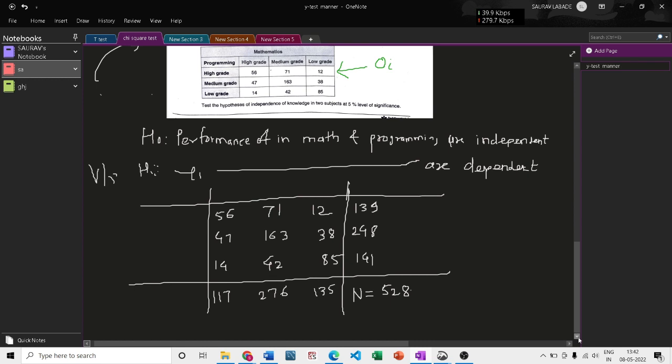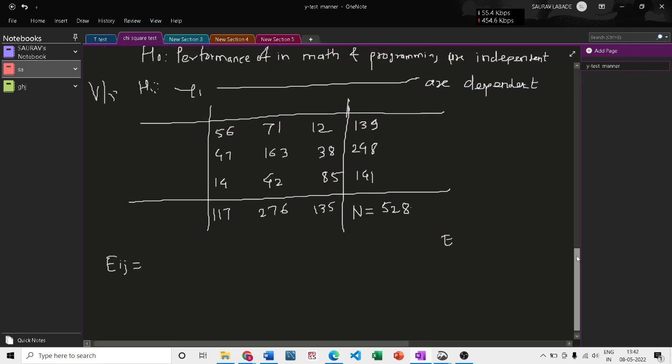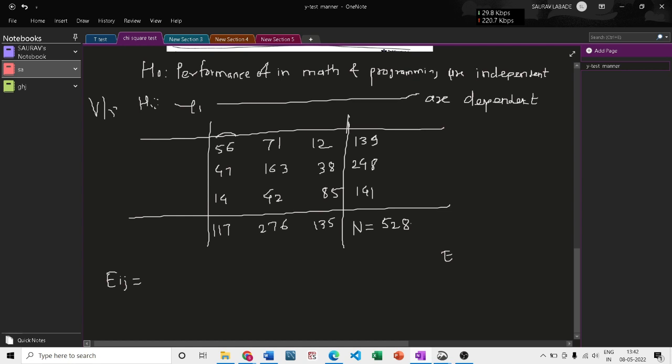How do we find the expected frequencies now? What is the formula for Eij? Suppose the first row is O11, O12, O13, then O21, O22, O23.